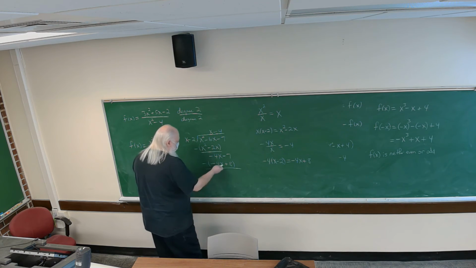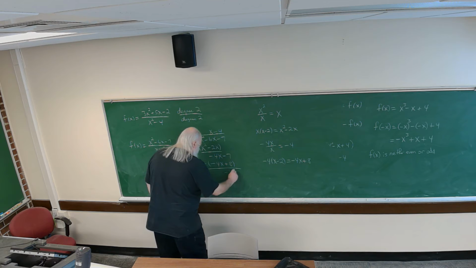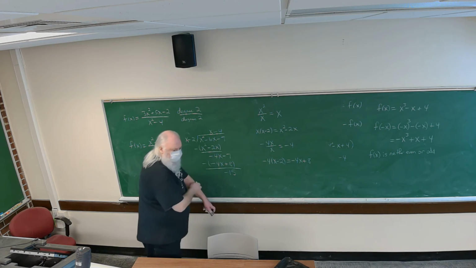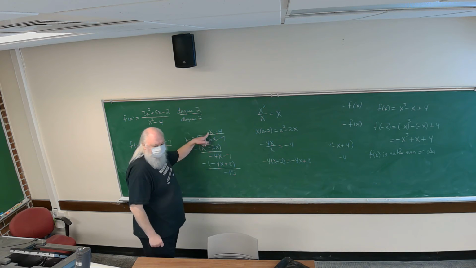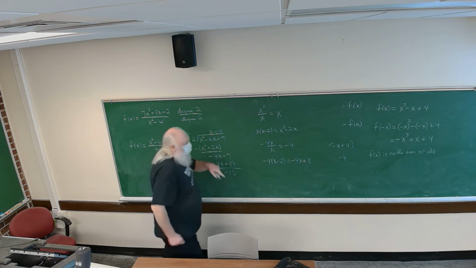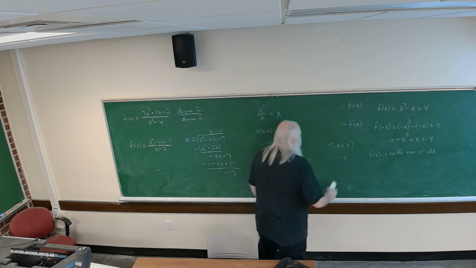And when we subtract minus 4x plus 8 from minus 4x minus 7, we end up with a remainder of minus 15. But what's important is the x minus 4. That's the equation of the slant asymptote. The slant asymptote is the equation of a straight line.